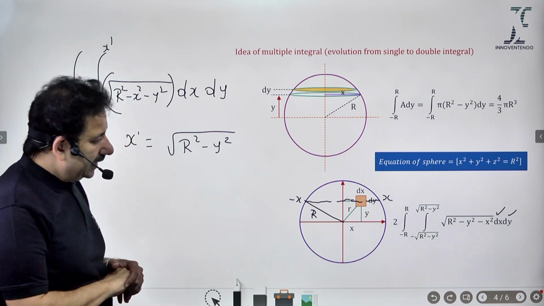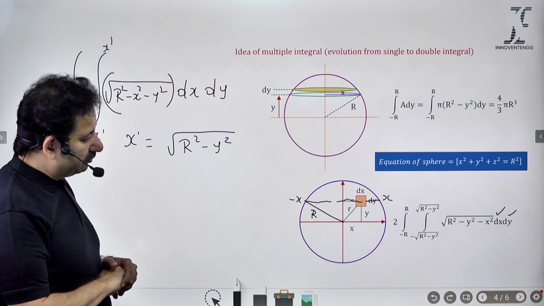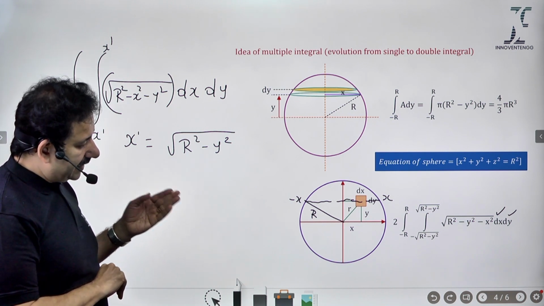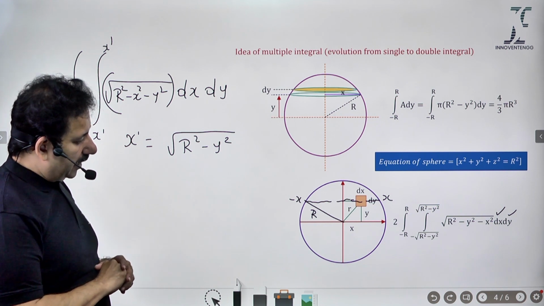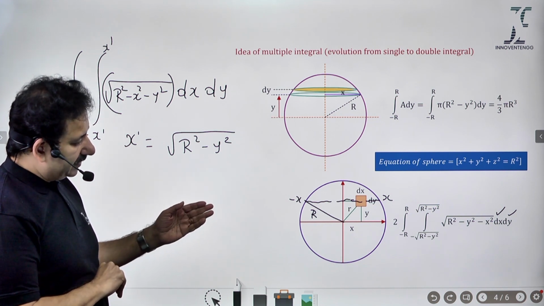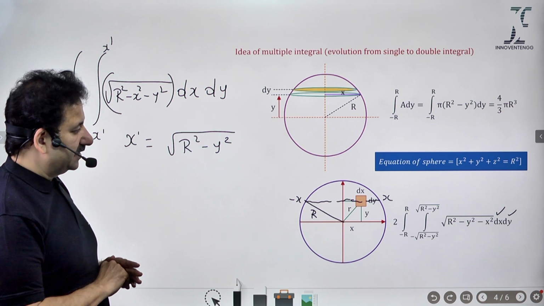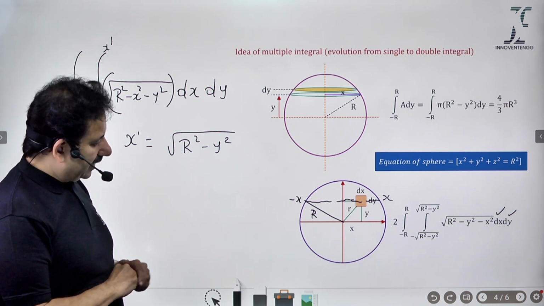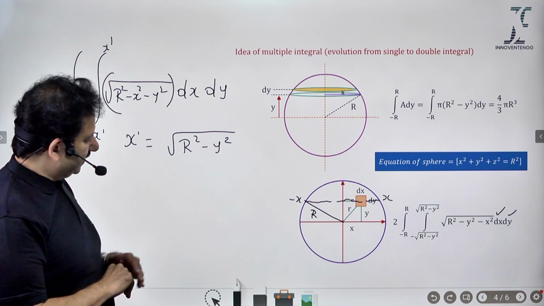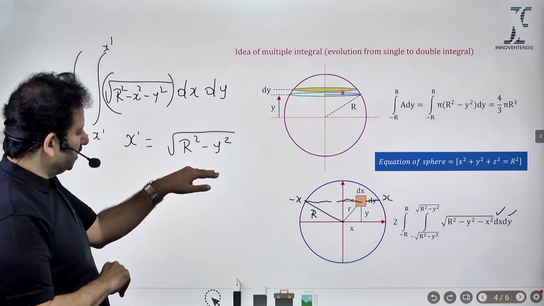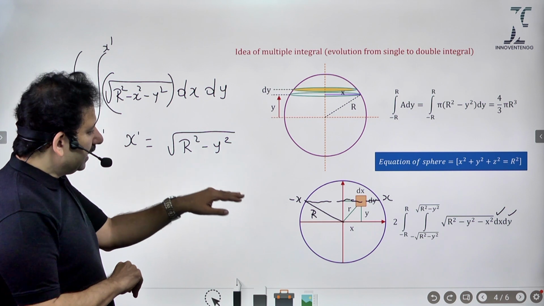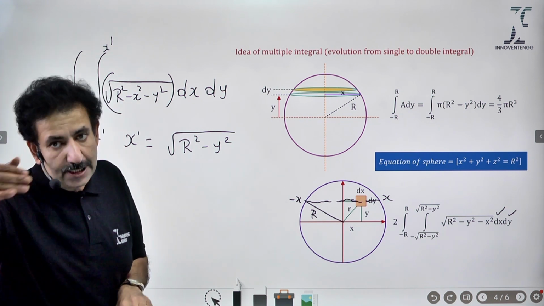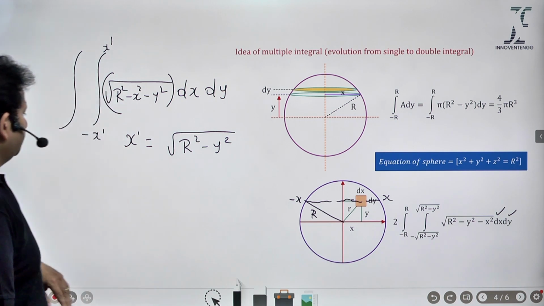And you can see that when I actually carry out the integration with respect to x, what I am getting is the area of a plate of a certain thickness with a curved edge, and you can see how exactly it is getting formed. And these are the limits, minus x to plus x, which is r square minus y square, that is from minus root of r square minus y square to plus root of r square minus y square.